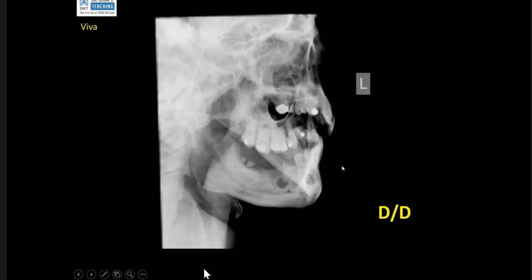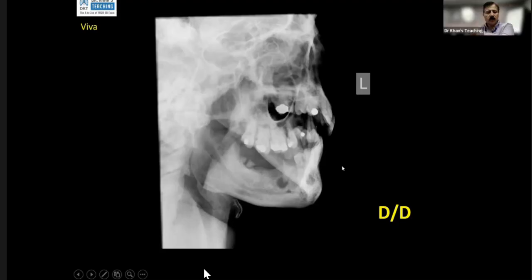No evidence of any other lytic or sclerotic lesions or pathological fractures. So findings are suggestive of a radicular cyst. The less likely differential, if the patient has raised inflammatory markers and fever, my differentials would be a periapical abscess or a periapical granuloma.